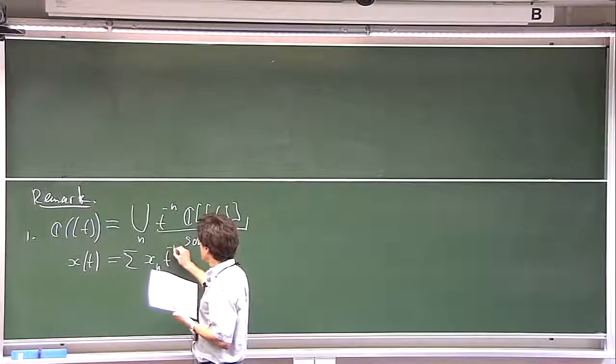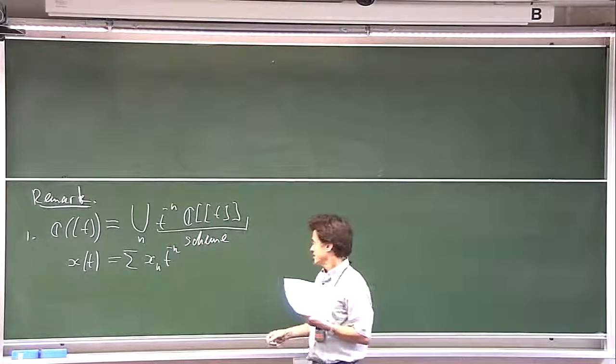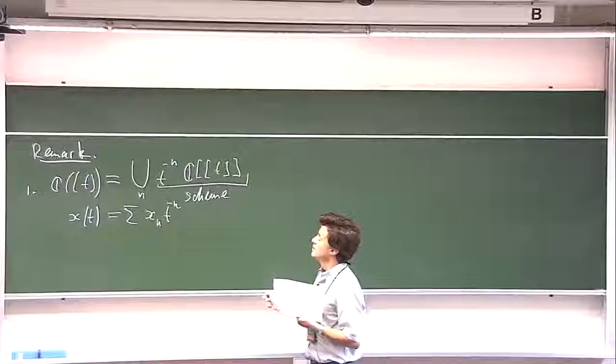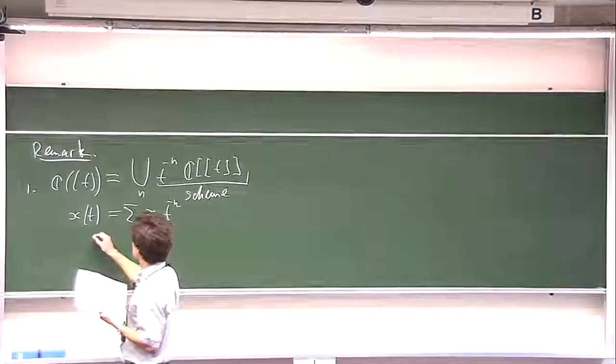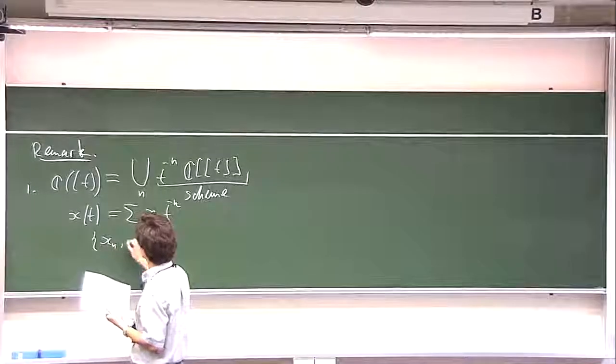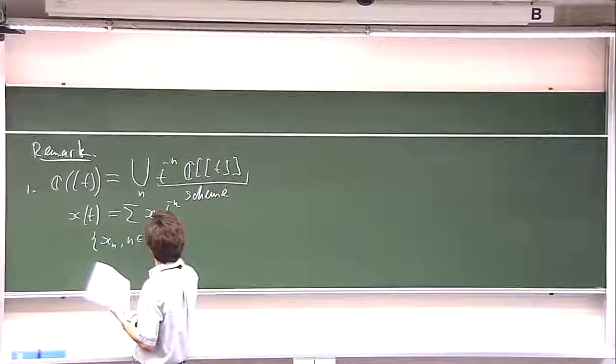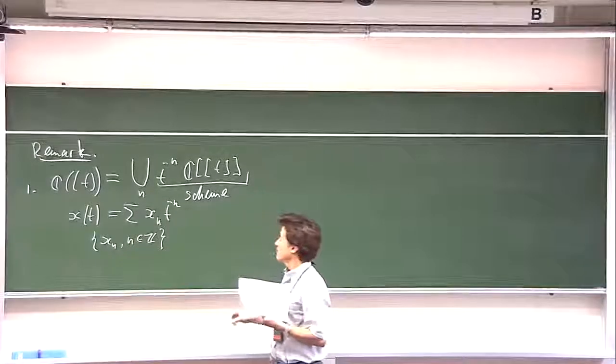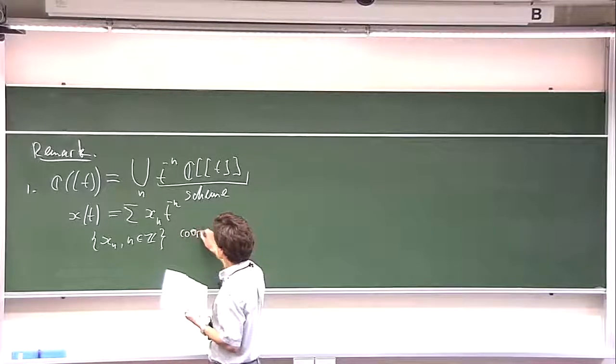Let me record it like this. So from this point of view, you immediately see that the collection of xn's is a coordinate system.